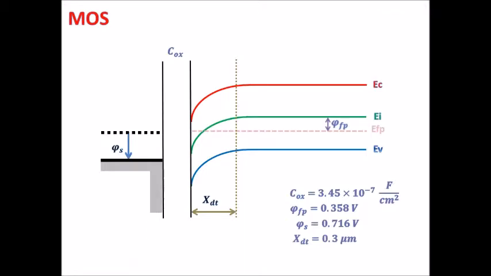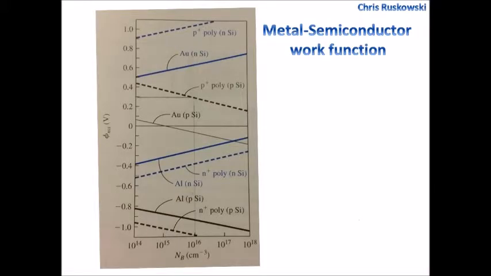All right, moving on. We have the metal semiconductor work function. This is actually a summation of energy states of the different materials. Here we have a simplified flow chart for the material that we were originally given, the P-type poly for silicon.